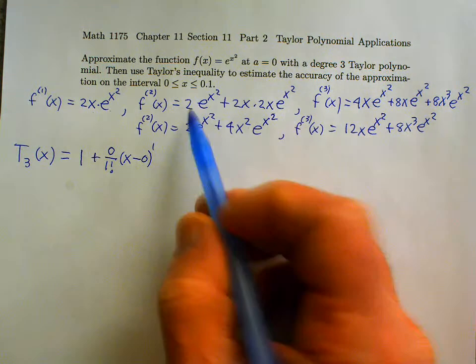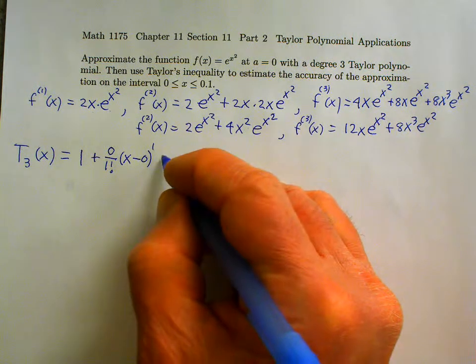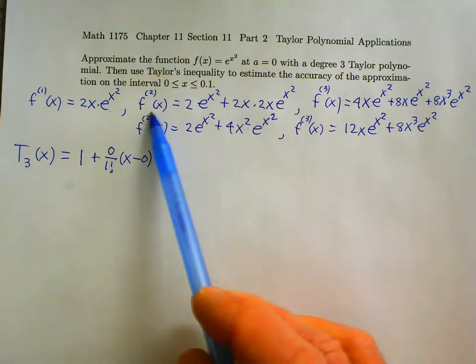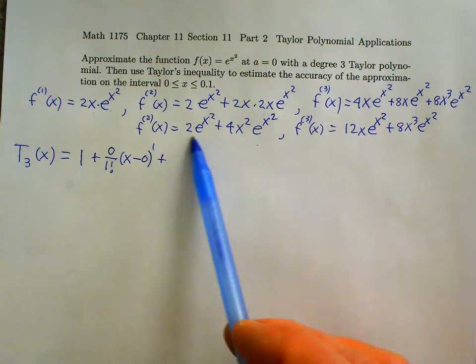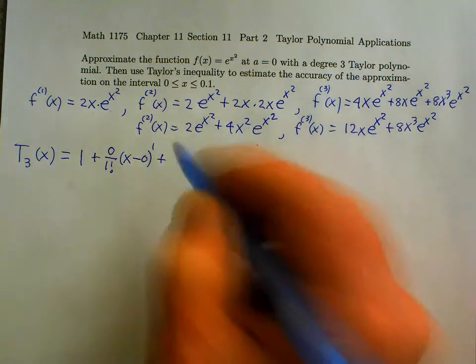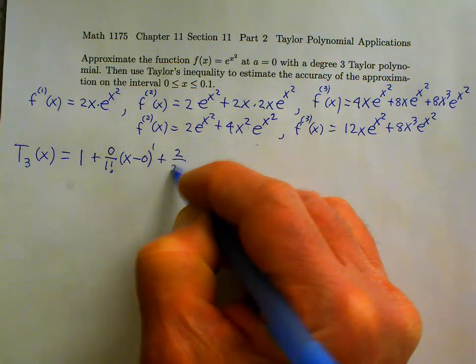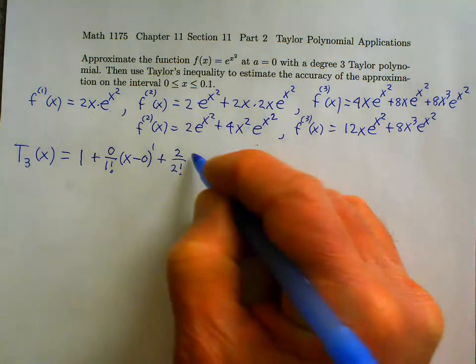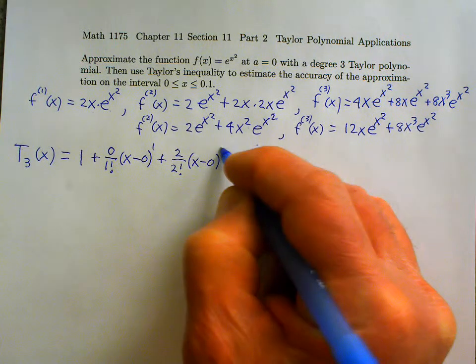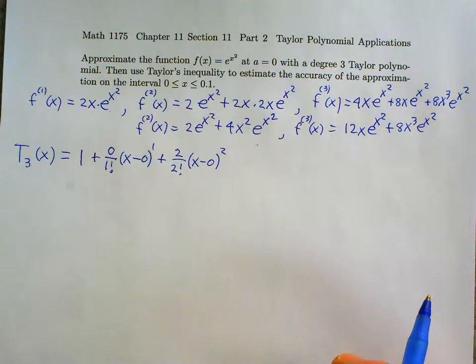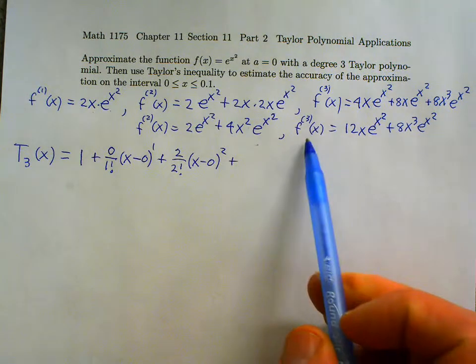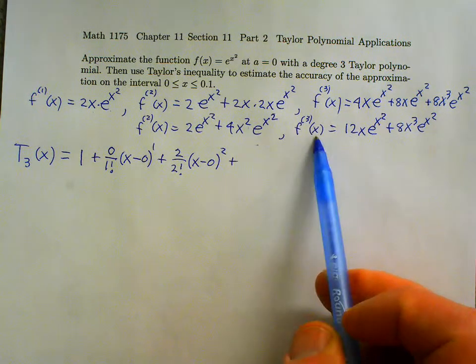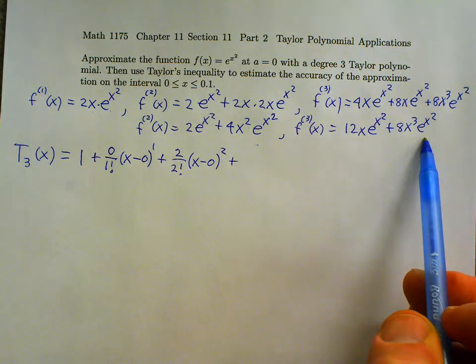Okay, then the second derivative evaluated at x equals 0 is just going to be 2, and then 2 over 2 factorial, and then x minus 0 to the second. Then the third derivative of f evaluated at a equals 0, we get 0 again.